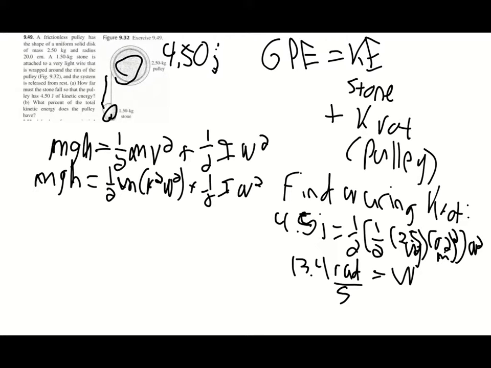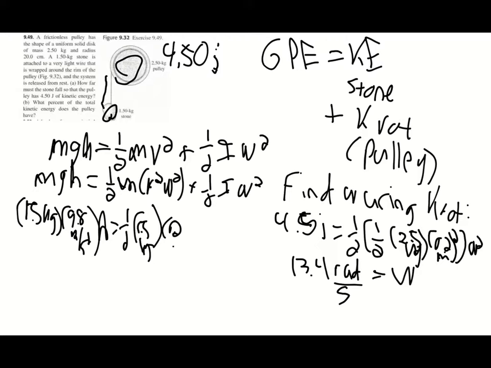Then we put that back in over here, and I'm going to start to substitute all of our numbers in. So 1.5 kilograms, 9.8 meters per second squared times h equals 1/2 times 1.5. Remember, it's the same stone.